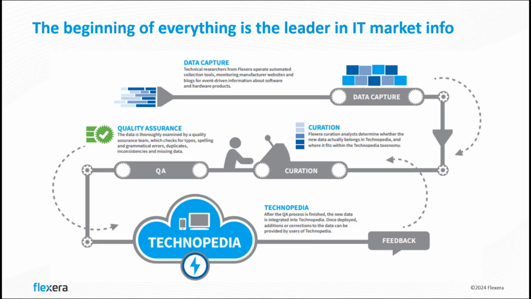So if you as a customer find a gap in the data sets that we are providing, you can provide that feedback to that data intelligence team, and they will then again begin with data capture, curate that data, QA that data, and then potentially include that in the next day's release of the Technopedia content library.